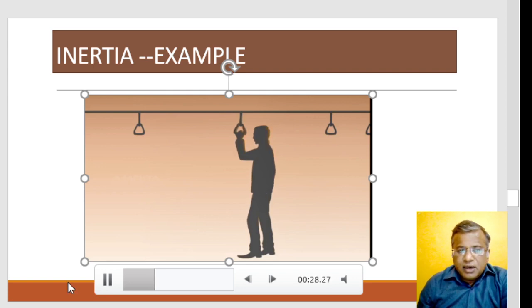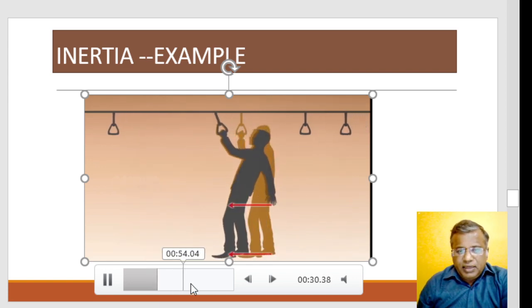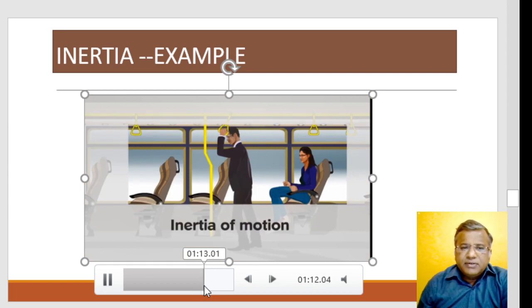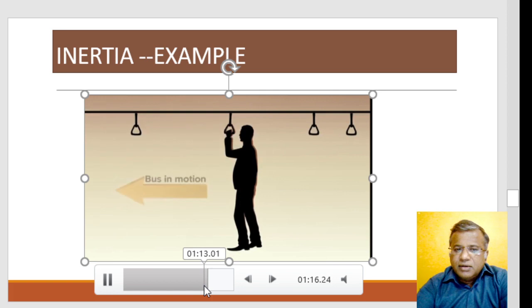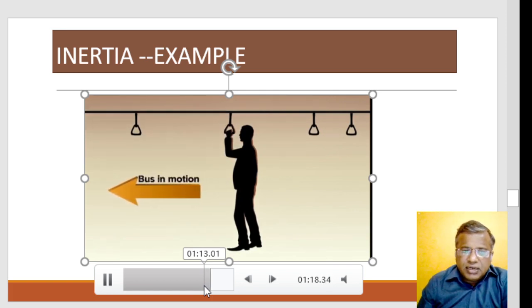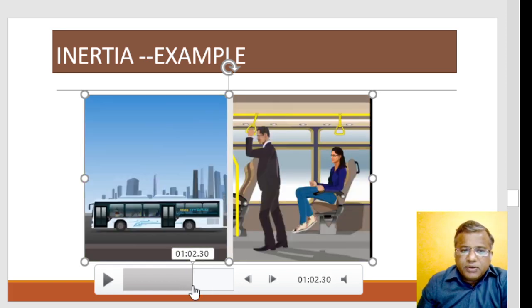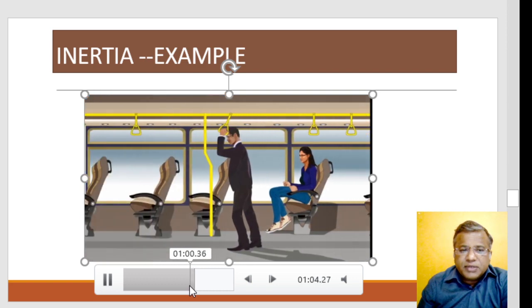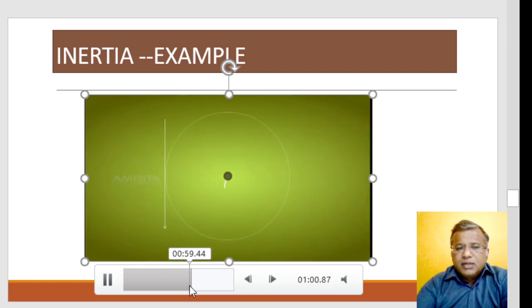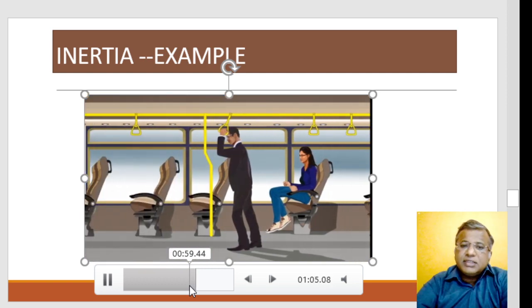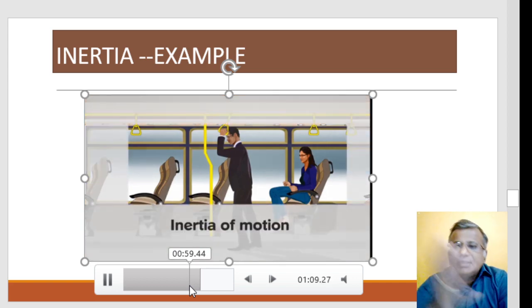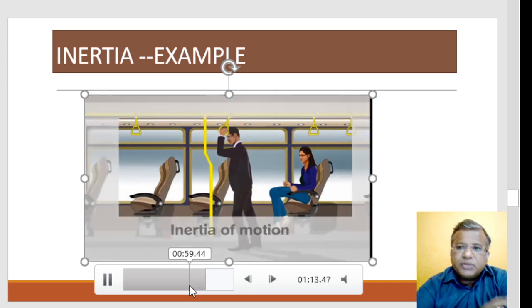In the second example, we have inertia of motion, where the moment the bus in motion suddenly stops, you get the jerk. This is an example where the object was already in motion and it suddenly comes to rest. So you have these two types of inertias here.